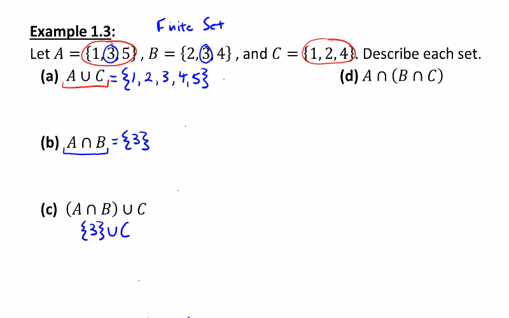So I take a look at C, which has 1, 2, and 4, and with the union, I'm just going to dump 1, 2, and 4 along with 3. So the result is going to end up being 1, 2, 3, and 4. And for those that like to box things in, this would be the final answer that you would box in there. So this one took multiple steps because we had multiple operations.